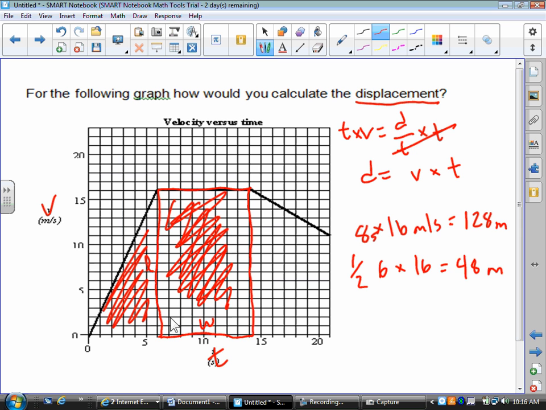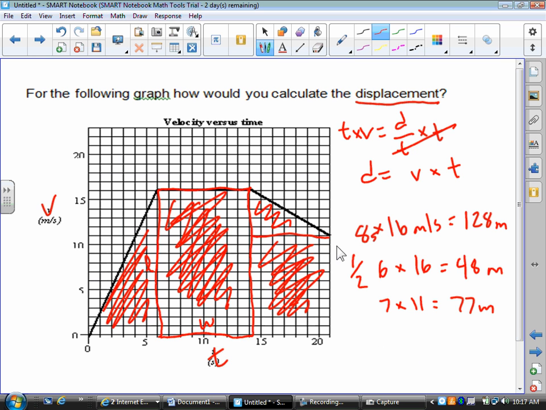All right, and then what about this area right here, this trapezoid? What would y'all do for this? Well, you can split it right here, and then you've got a rectangle and a triangle. So 21 and 14 is a difference of 7, right? So this one will be 7 times the height of 11 is 77 meters for that part right here. And then what about this triangle up here?